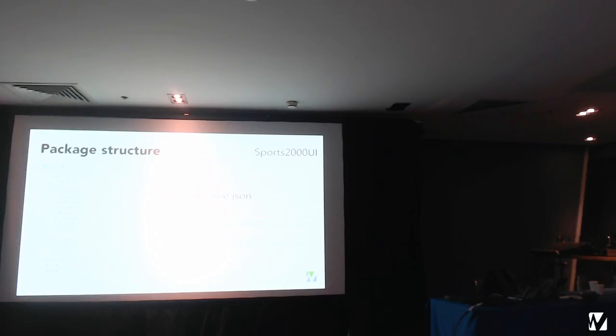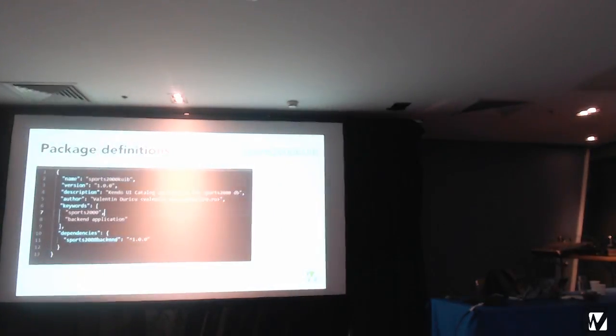And this is the application tree JSON. I expanded here because here I have two packages, two modules. Sports 2000 backend, and validity tool. As I said, it was used for development. You can see here, dev true. Kendo UI builder, the same as the progress UI package definition.